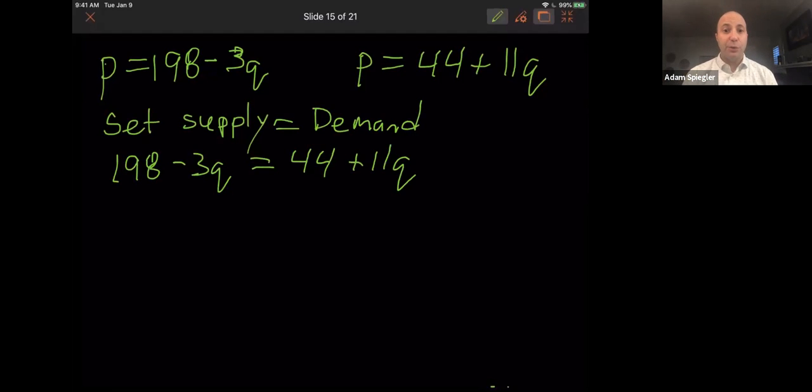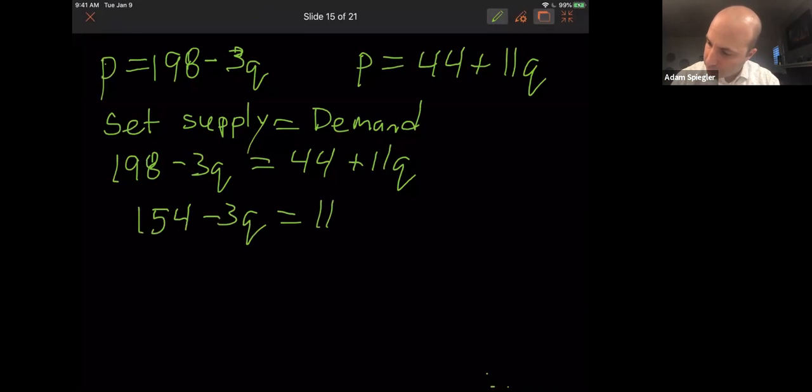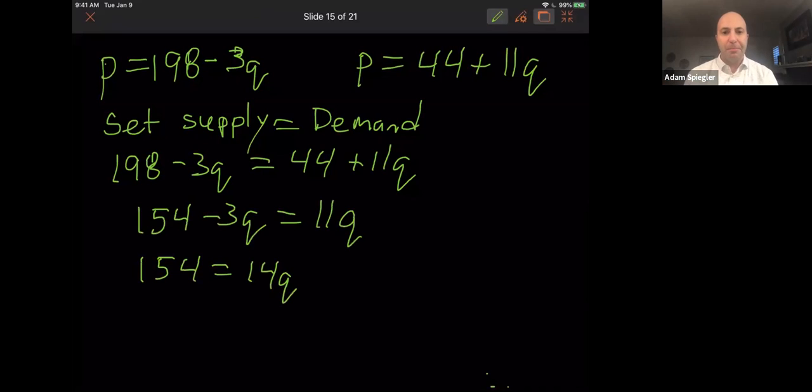And then we solve. So for example, let me subtract 44 from both sides. And then I can add the 3Q to both sides. So I want to get all of my Q's on the same side and everything without a Q on the other side.